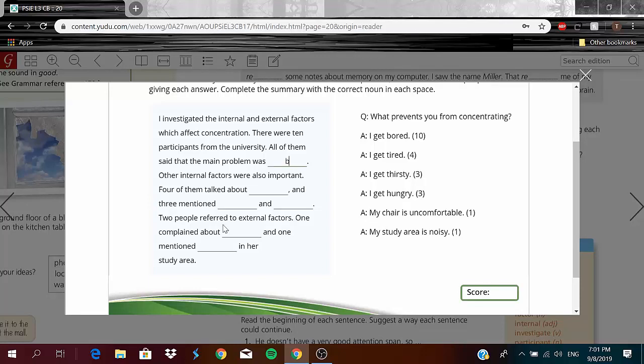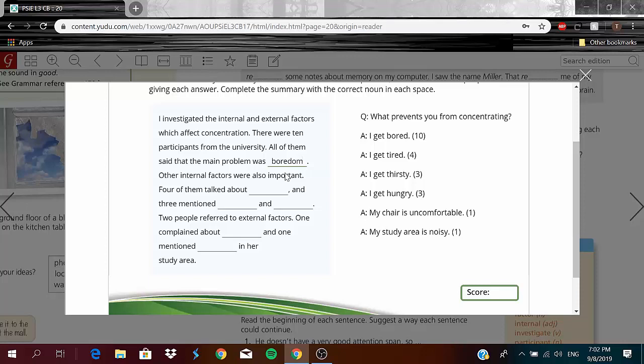And can I write that down? Yes, I can. Boredom. All of them said that the main problem was boredom. Okay, that's when that feeling when you get bored kicks in. Okay, so boredom.